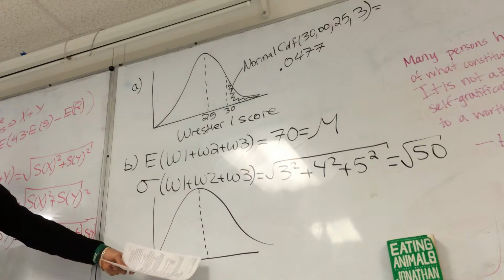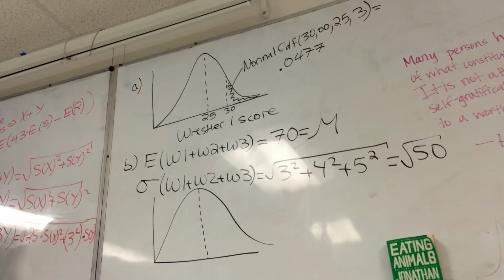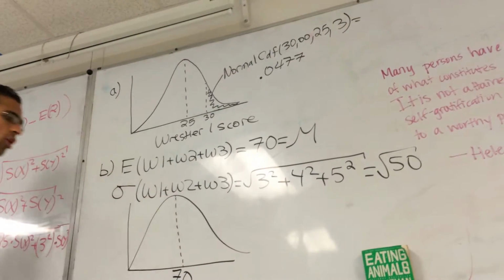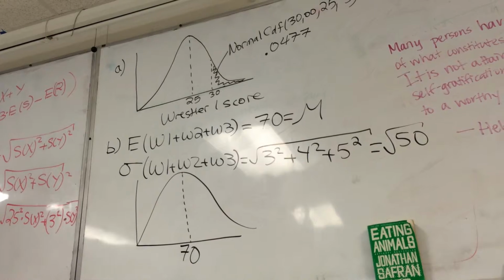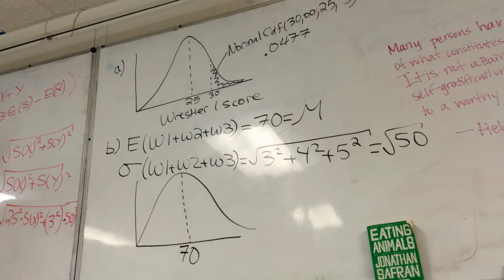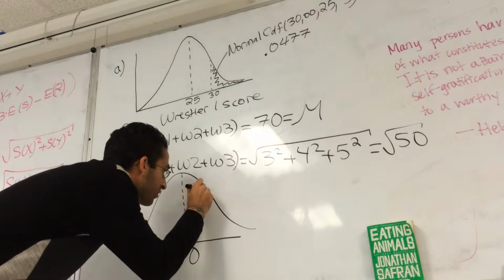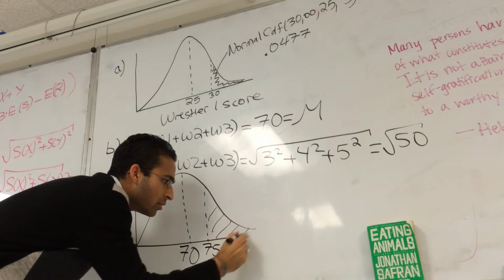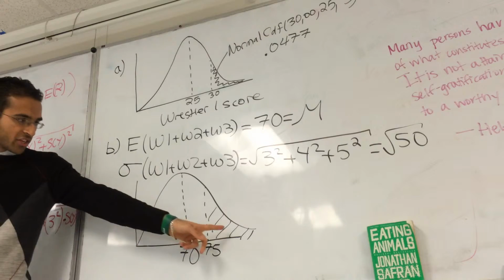The mean of our team's score is 70, and we want to know the probability we get higher. Precisely, here's 75. And this is what we need to find, this area right here.